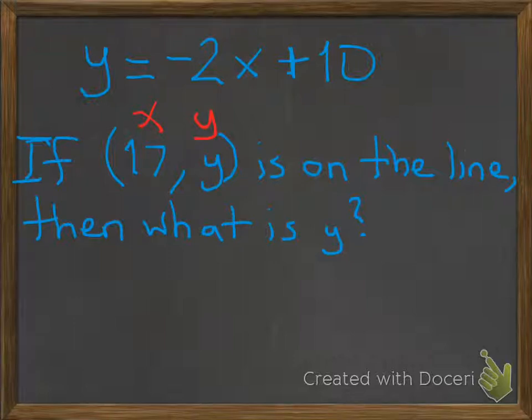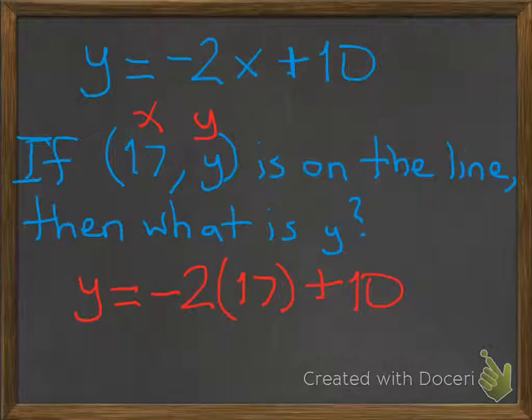So we're going to rewrite the equation as y equals negative 2 times 17 plus 10. Okay? So we're just going to figure out what this is by multiplying negative 2 times 17, which is negative 34, plus 10.